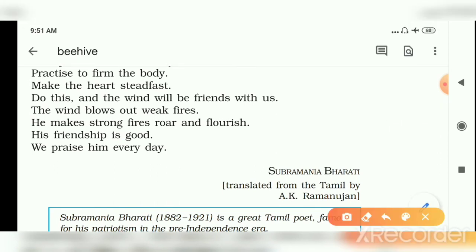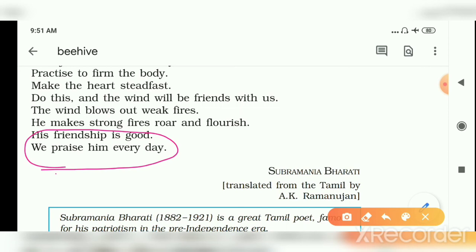જે તોફાની છોકરો કે છોકરી હોય એની ફ્રેન્ડશિપ કરવાની, so that we can be safe. His friendship is good, so that we praise him every day, because his friendship is good.